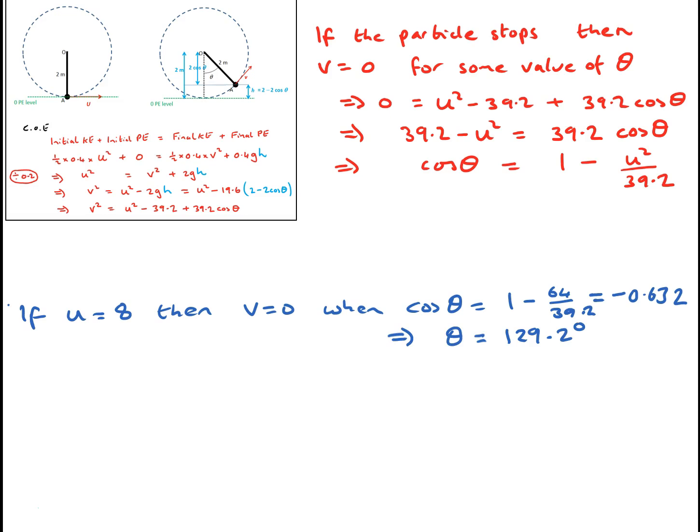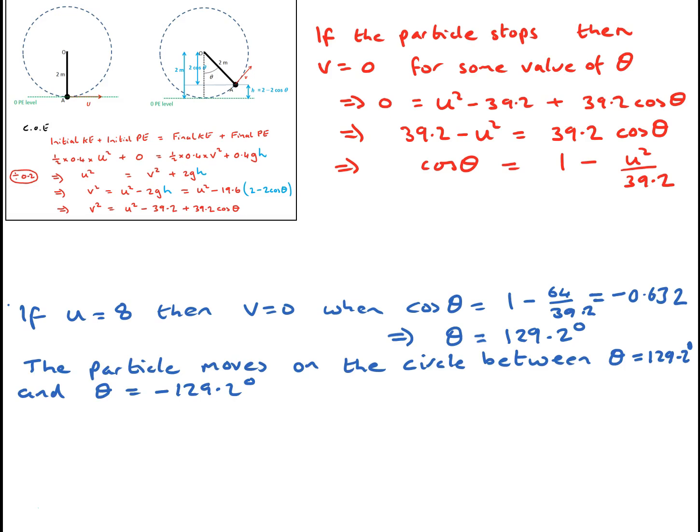So again, in this case, the particle is going to be oscillating or swinging from one angle through and then back again, but in this case the particle is moving on the circle but only between theta equals minus 129.2 degrees and theta equals 129.2 degrees, and it's going to and fro between those two angles.